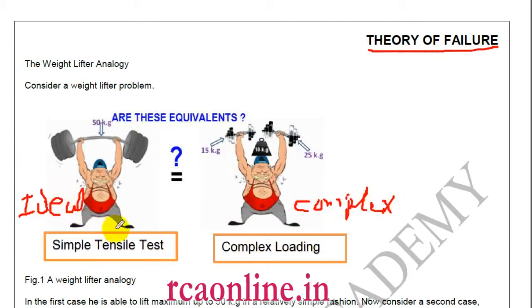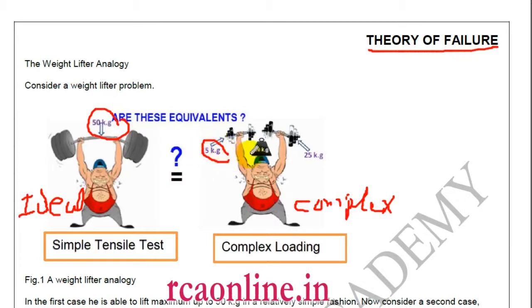The difference is that in the ideal condition the person is lifting a weight of 50 kg, and in the complex condition the person is also lifting 50 kg, but in a different way.